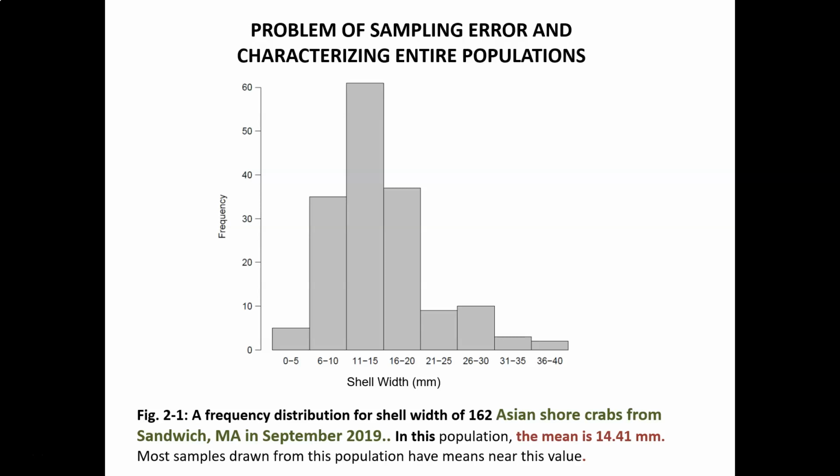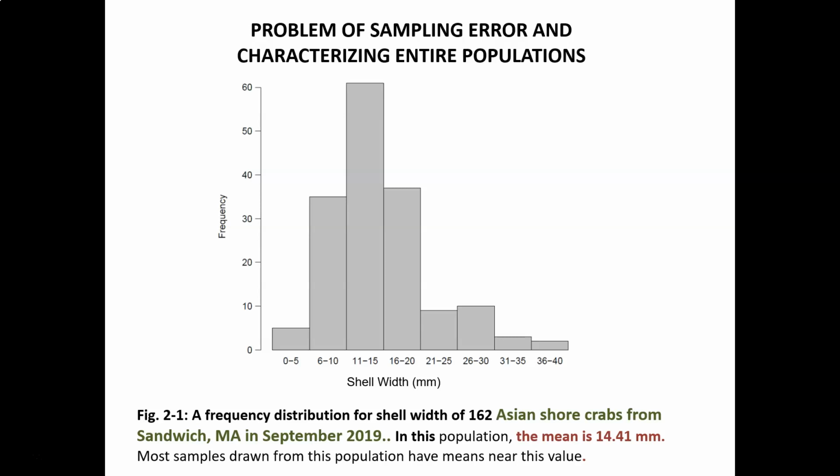In this particular figure, you are looking at different shell sizes and the number of times those shell sizes were found among a population of Asian shore crabs collected last year in 2019.